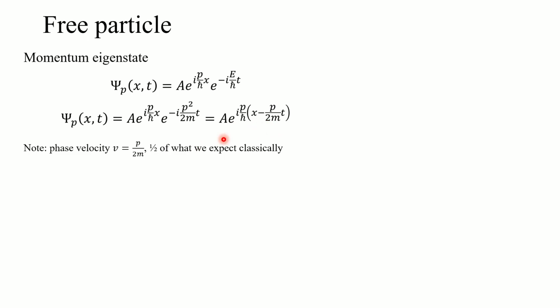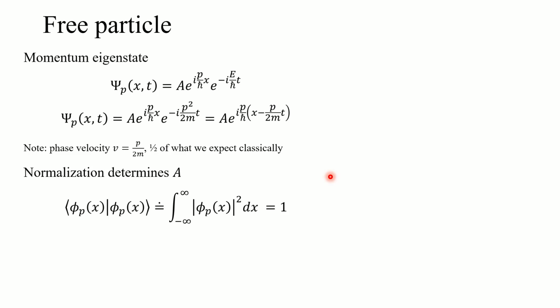In this case, the phase velocity is the momentum divided by 2m, which is actually half of what we would expect classically. This has to do with the fact that this is the phase velocity. It's how fast the phase value is moving through space. And as we'll see later in the course, the proper velocity we want to use for particles moving through free space is not the phase velocity, but something called the group velocity. So we'll get to that in time.